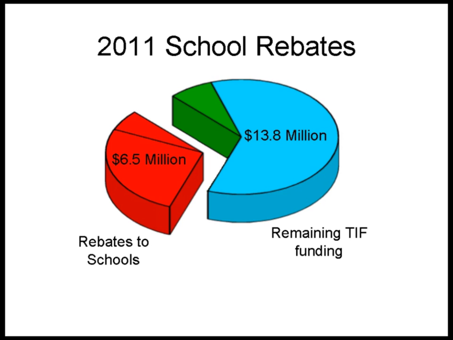This problem is caused due to the increased property values being used to fund the TIFs. The city made an agreement with the school districts to rebate this lost revenue from the TIF accounts. In 2011, the total amount given from the TIFs to the schools was $6.5 million.